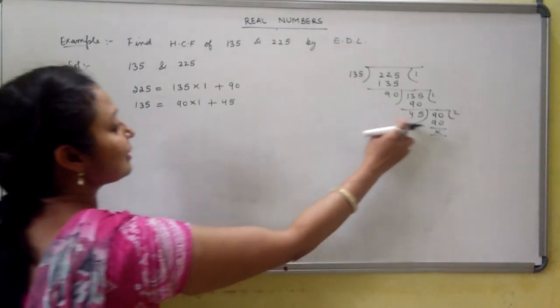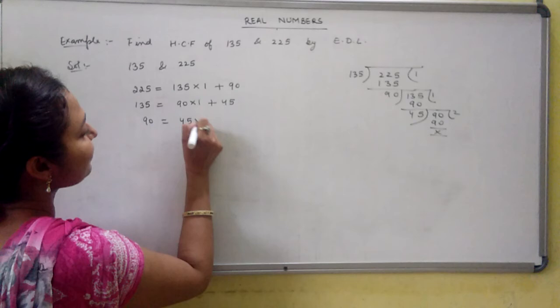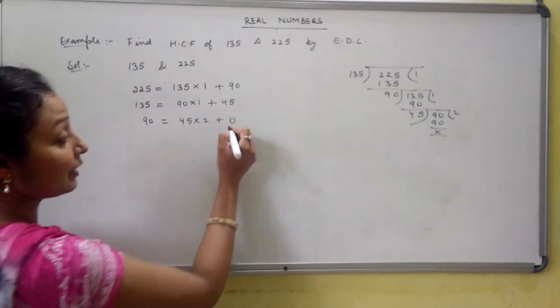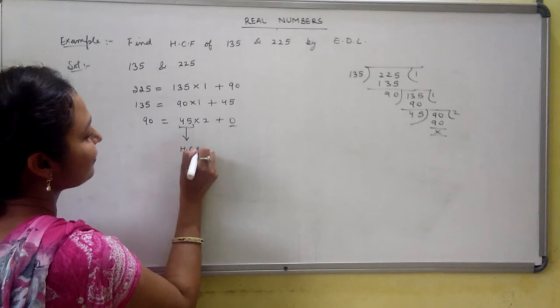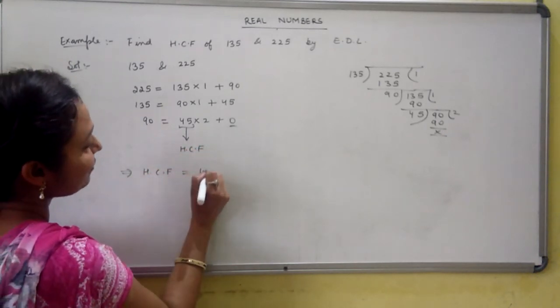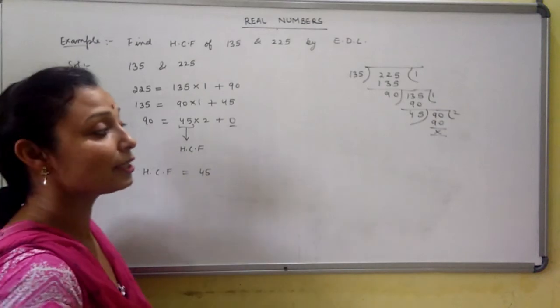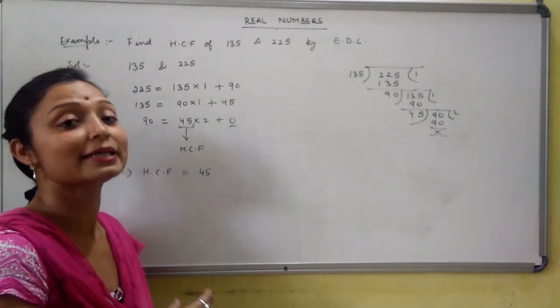Then apply it for the third step: 90 is equal to 45 into 2 plus 0. Now the remainder is 0. This is the HCF. Therefore the HCF is 45. This is the way to find the HCF by using Euclid's division lemma.